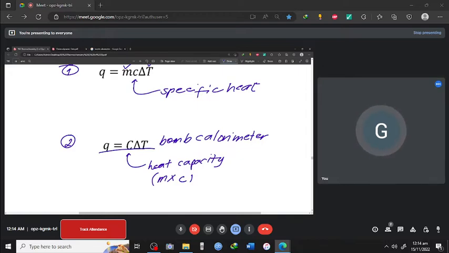Kaya instead of using mass, or instead of using the first equation kung saan meron yung mass, for equation number 2, hindi na natin ginagamit yung mass ng object. We just simply use heat capacity kasi nga, sobrang bigat nung instrument na ginagamit for bomb calorimeter. Okay? So, pakita na nga natin kung anong itsura ng isang bomb calorimeter.